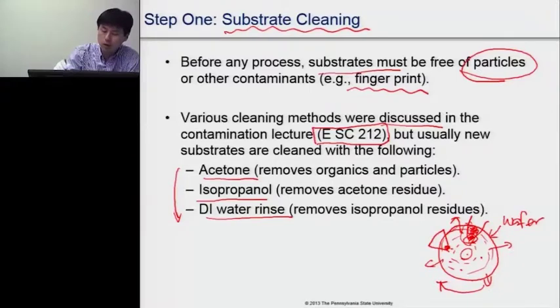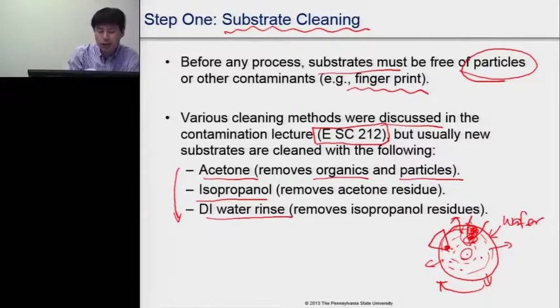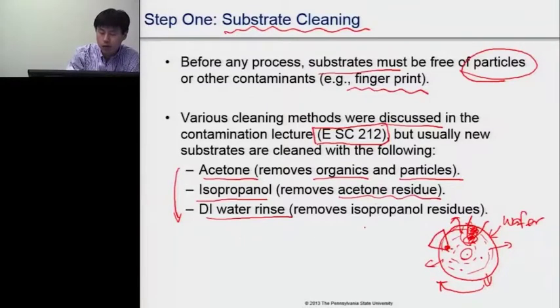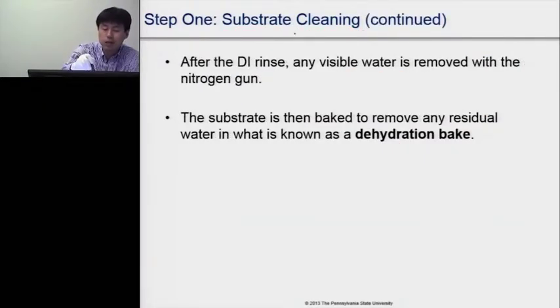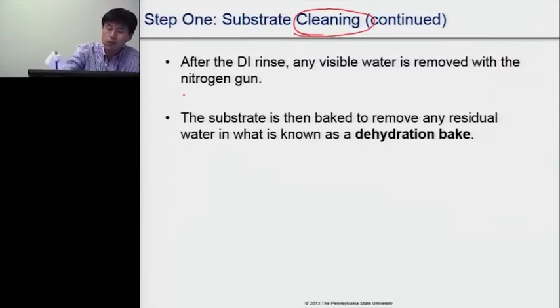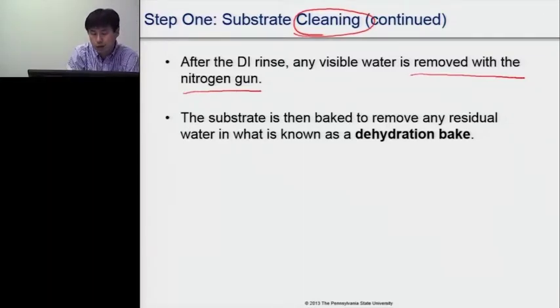The acetone rinse removes organics or particles, the IPA removes the residue of the acetone, and the DI water dissolves the IPA, removing the residue of the IPA. After this cleaning process, we first dry the substrate using a nitrogen gun. But the nitrogen gun cannot completely dry the substrate, so after the nitrogen blow we still have some moisture left on the substrate.